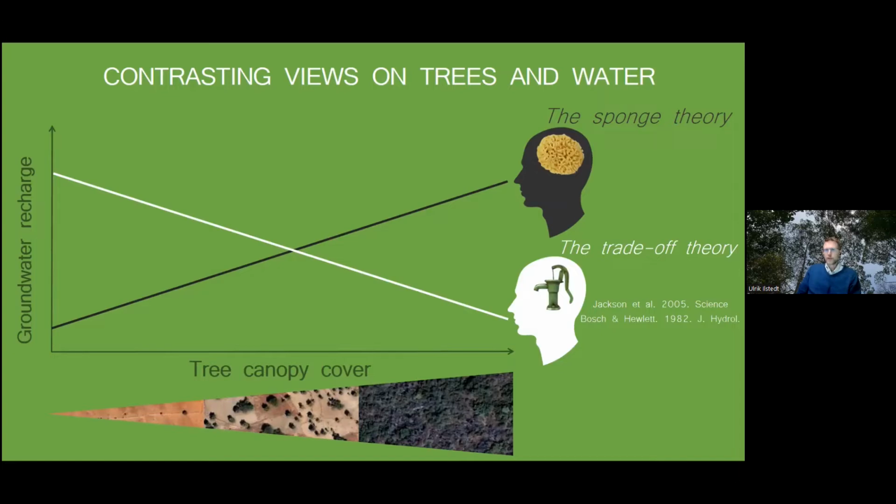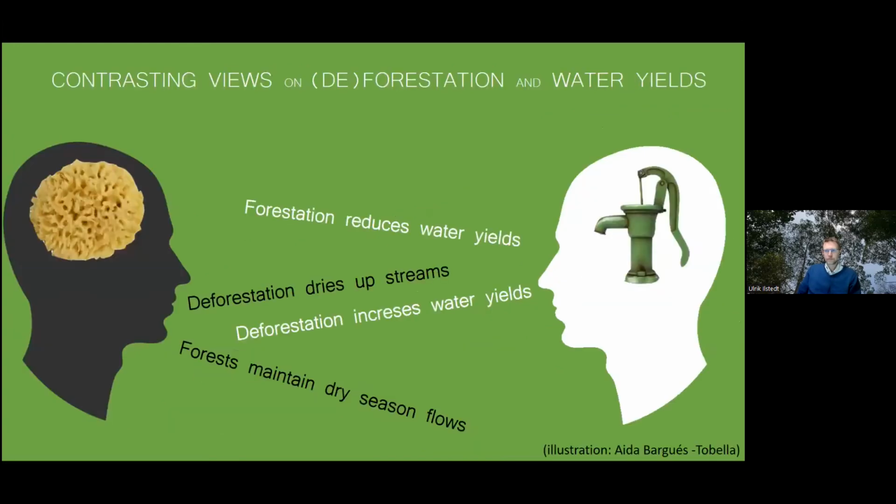Then we see that the more trees we have, the less water we have in the streams. So this debate has been going on for centuries, and there's been no real progress in this.